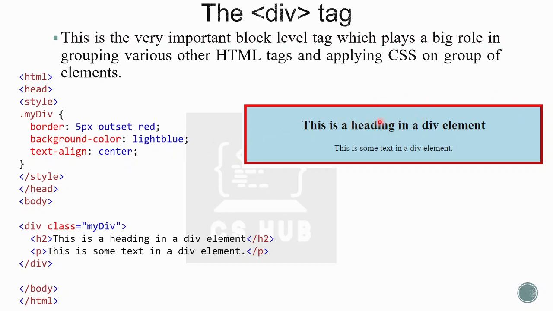Then text alignment is center, so this heading and this paragraph both come at the center position. This is the block level element or div element. It's a very easy one. We can group many elements into a single div and assign a common style to those elements.